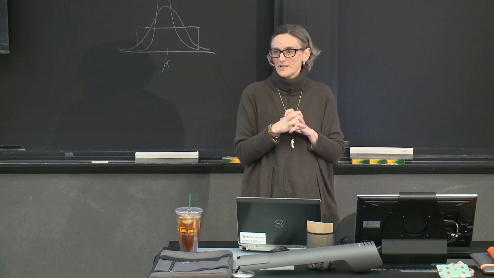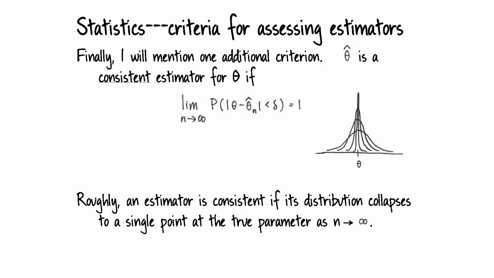This is what's known as a consistent estimator. Let me emphasize, I've drawn this picture for an estimator that's unbiased, but a consistent estimator doesn't have to be unbiased. I could have drawn all of these distributions having bias, but the bias is going to 0.